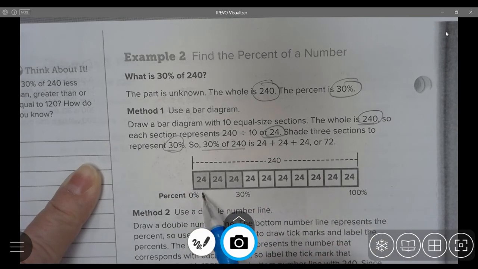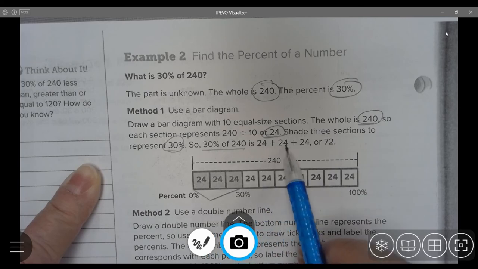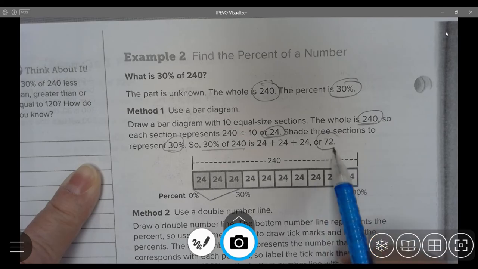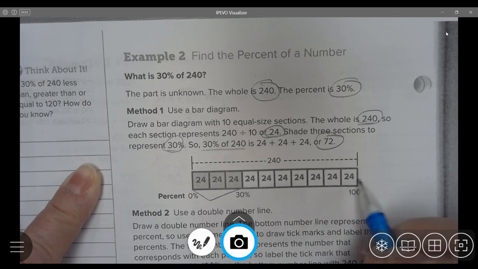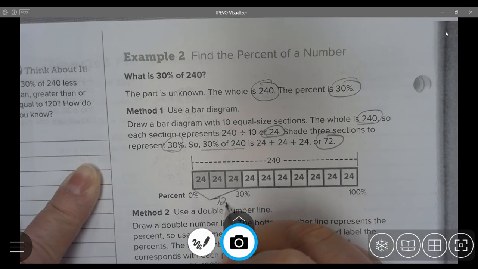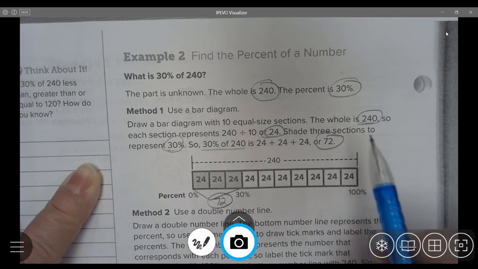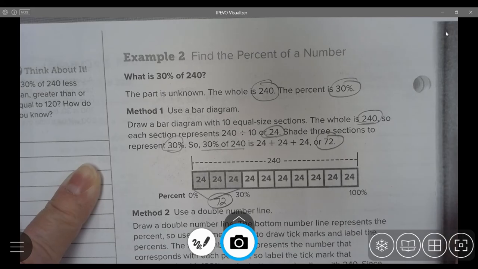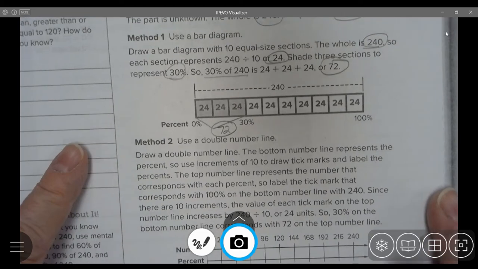And so that would show that we have 10%, 10%, 10%, or 30% total. 24 times 3, or 24 plus 24 plus 24. And we would find that 72 would be 30% of 240.